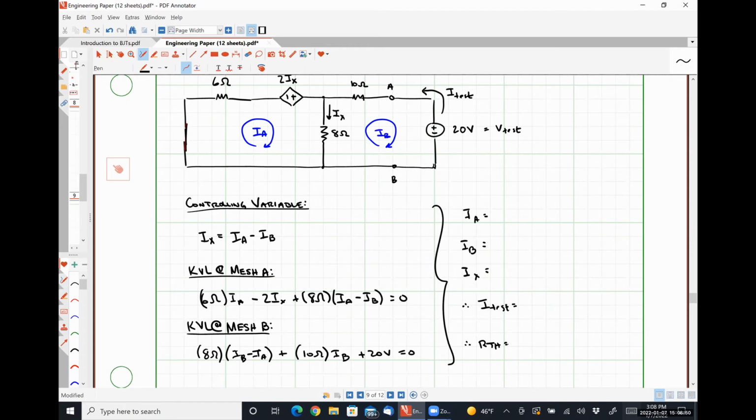So I get -0.714 amps, -1.429 amps. IX, I get to be positive 0.714 amps.